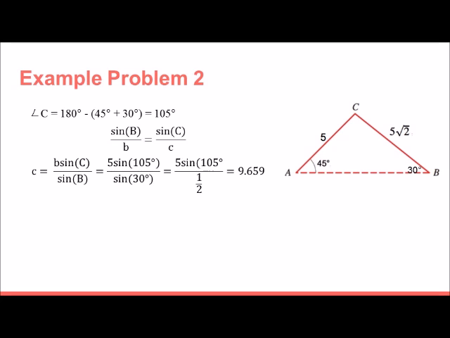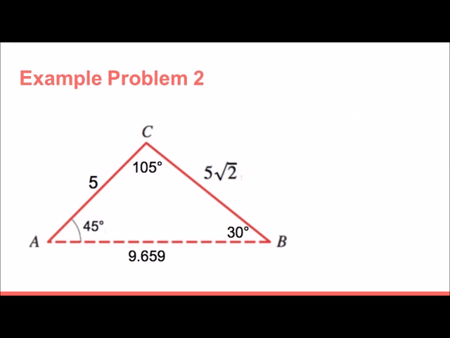Again, with a little more arithmetic and use of our trig functions and a little help from our calculator, we can determine that side c equals 9.659. With these measurements, we can find a triangle that looks something like this.